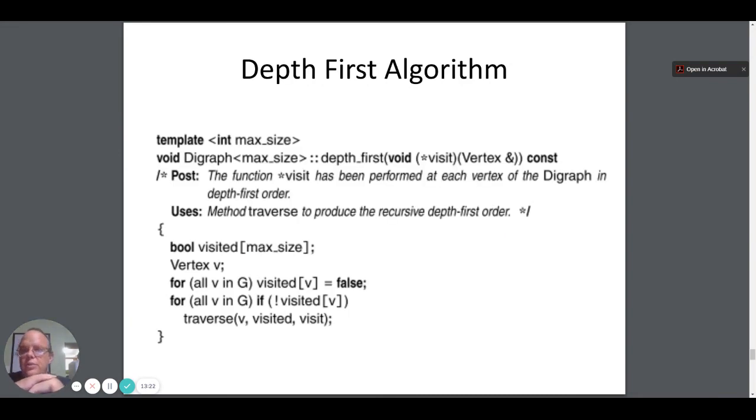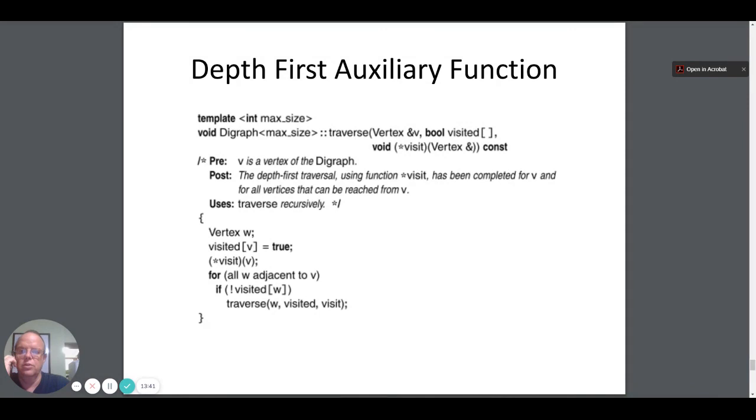So the depth first algorithm, one of the things you'll notice is that it's a recursive algorithm, and we can write it very quickly as a recursive algorithm. The auxiliary function does the depth first traversal for us.